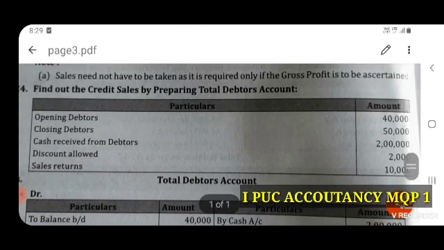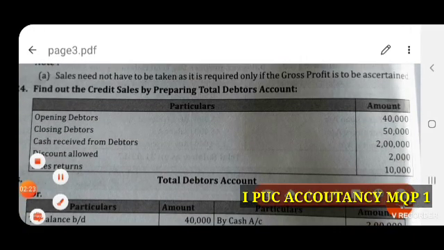Discount allowed, credit side, even sales return also credit side. So the credit side will get the more value and the debit side the difference amount. The balancing figure is treated as credit sales.